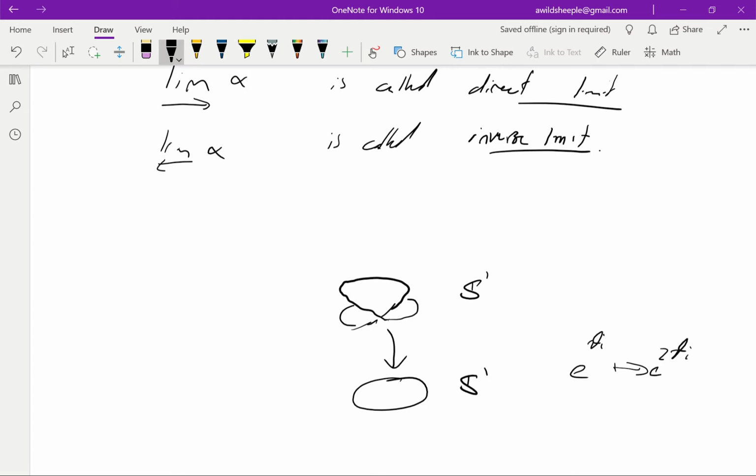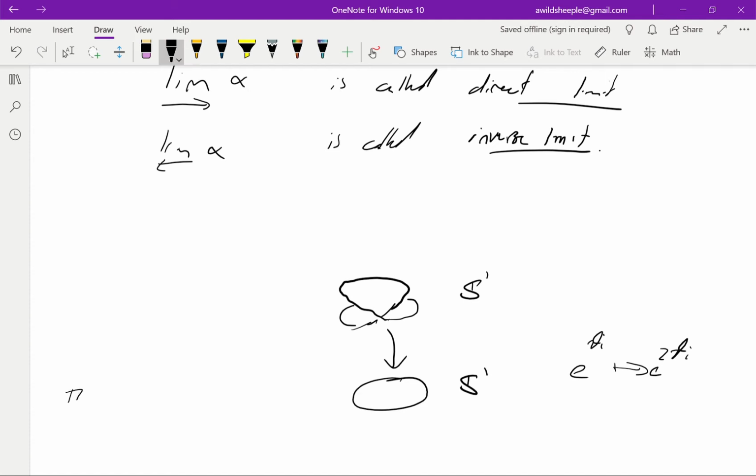So what's going on here then? We have this map of circles, and we know from topology that there's this correspondence between the covering spaces of a given space and the subgroups of their fundamental groups.